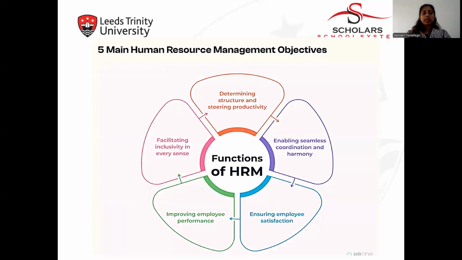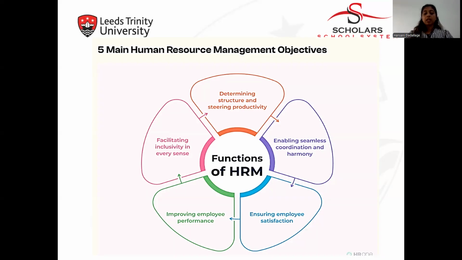So this slide explains the 5 main human resource management objectives, starting with determining structure and steering productivity. So HRM intends to determine the structure of the organization and to enhance productivity. Second objective is enabling seamless coordination and harmony.